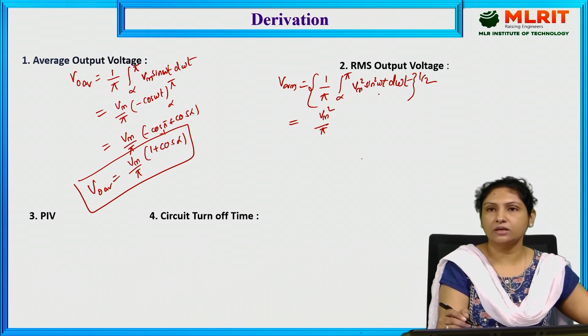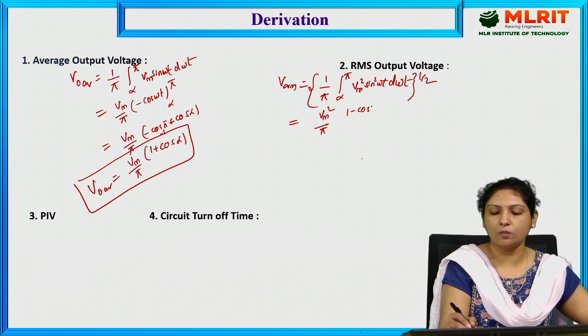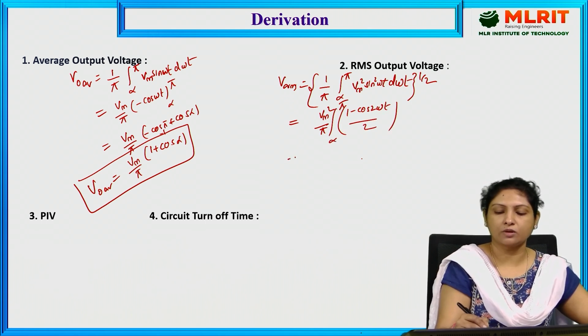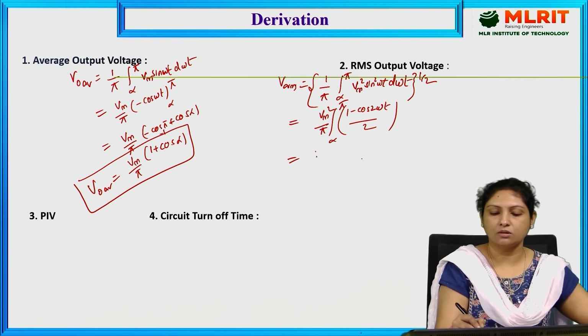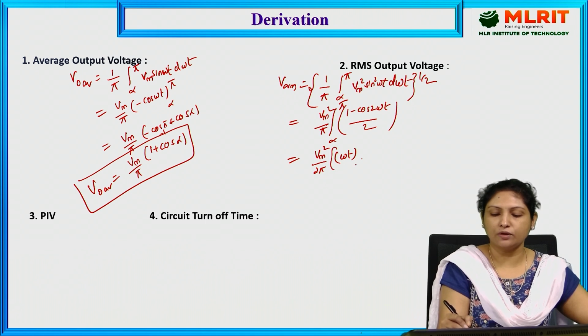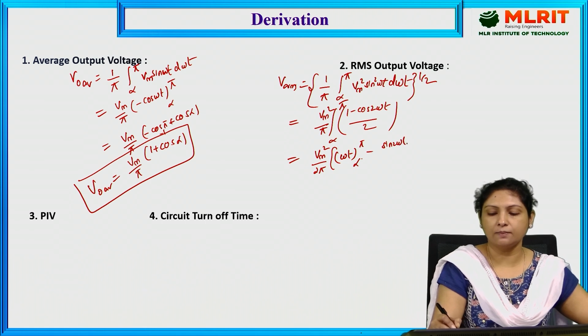In order to integrate sin square, I write it in terms of (1 minus cos 2 omega t) by 2 within the limits alpha to pi, and bringing this 2 out, Vm square by 2 pi. Integration of 1 is omega t from alpha to pi, minus integration of cos 2 omega t, which is sin 2 omega t by 2, from alpha to pi, whole to the power of 1 by 2.